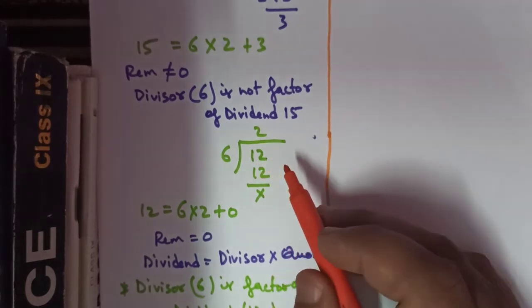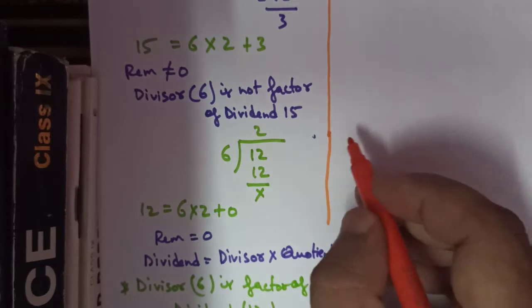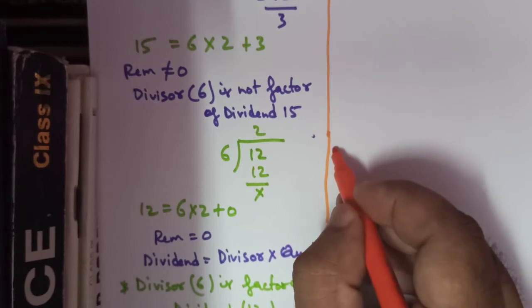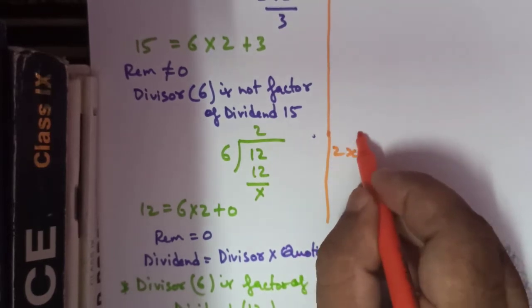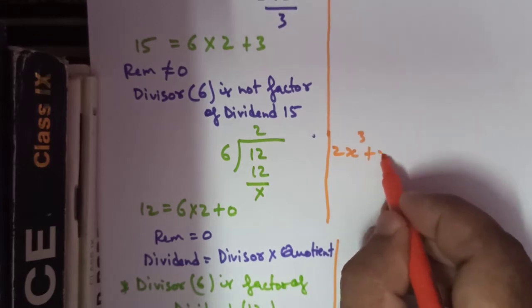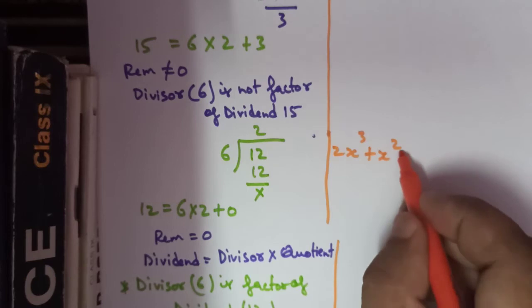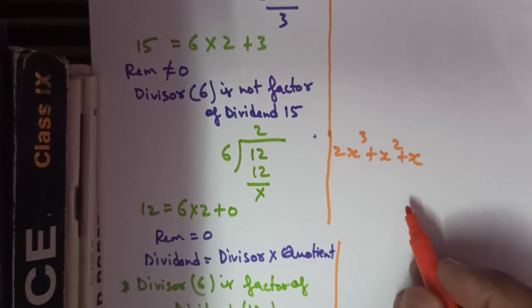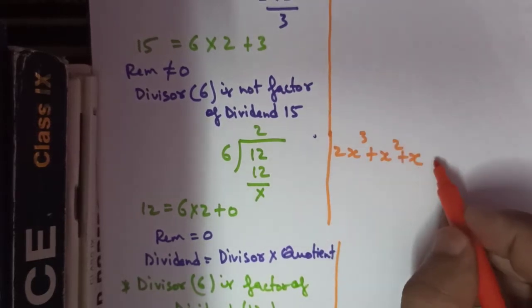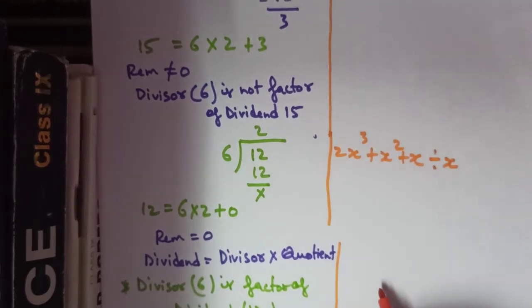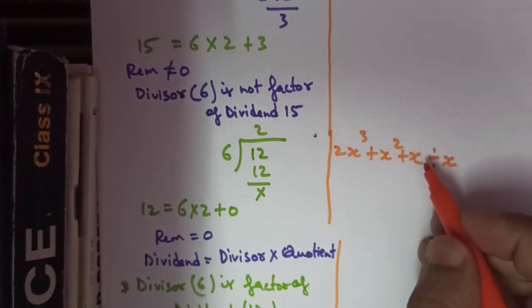Suppose we are dividing 2x cube plus x square plus x, this is polynomial p(x), and it is divided by another polynomial, that is the linear polynomial x. Then on dividing, what will we get?